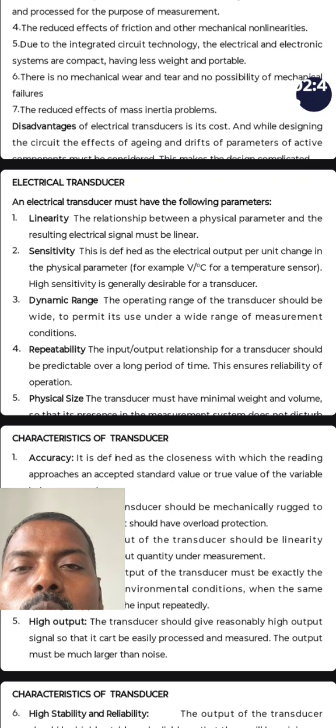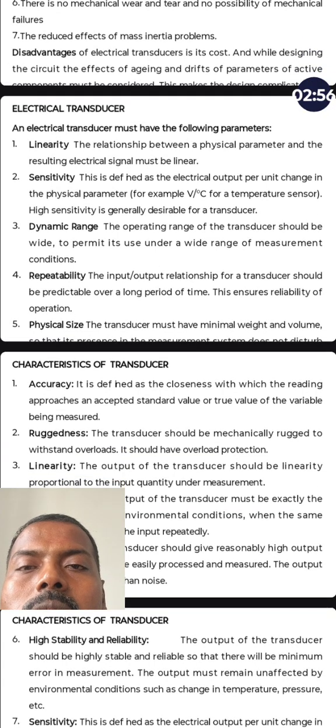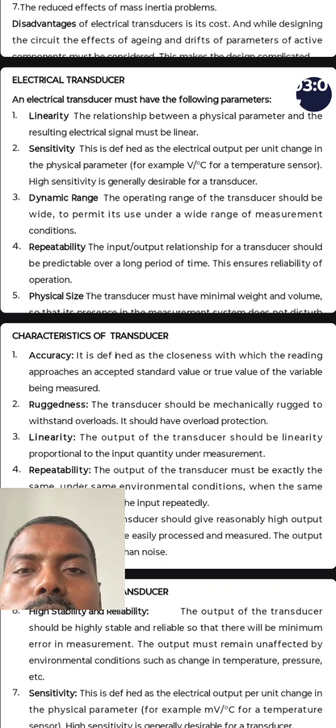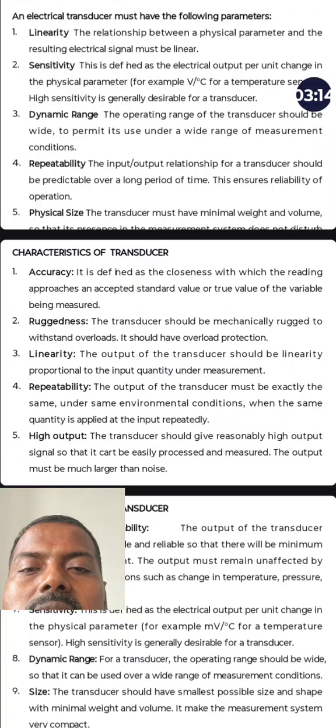Even though we have so many advantages, there are disadvantages also. The disadvantage is cost. The design of the circuit is affected by aging and other parameters, which reduce the performance of the transducer. An electric transducer must also have parameters like linearity, sensitivity, dynamic range and repeatability.